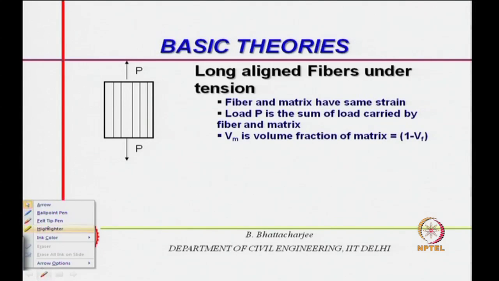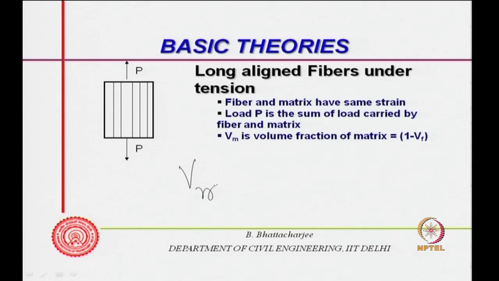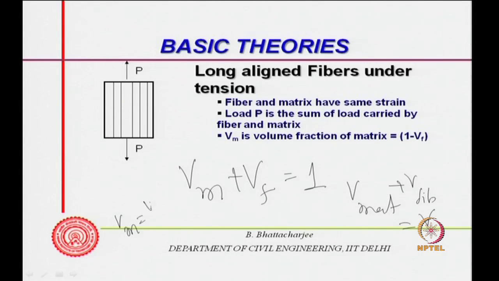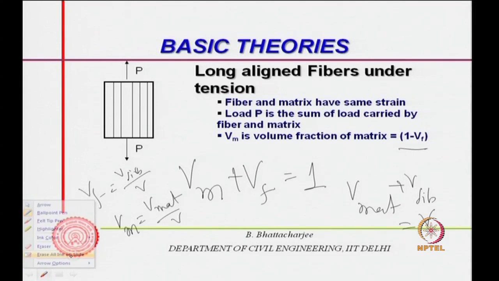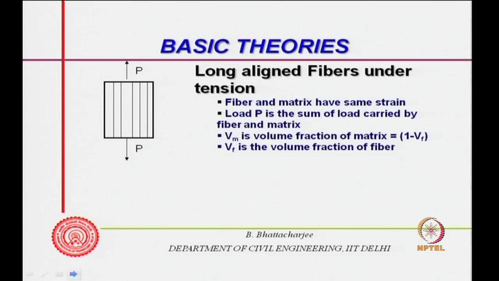In other words, I can say V m plus V f equals 1. Or if I was calling it volume of matrix plus volume of fiber is equal to total volume, then V m is nothing but volume of matrix by V, and V f is nothing but volume of fiber by V. So, they are fractions, and that is why 1 minus V f. So, V f is the volume fraction of the fiber.